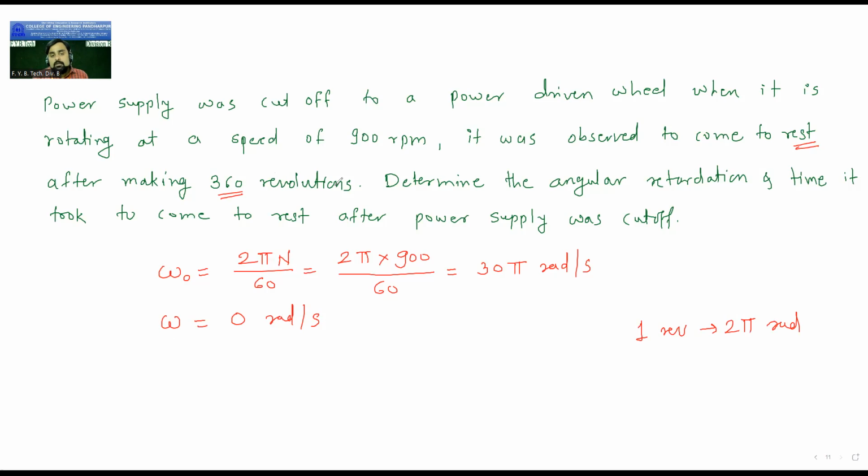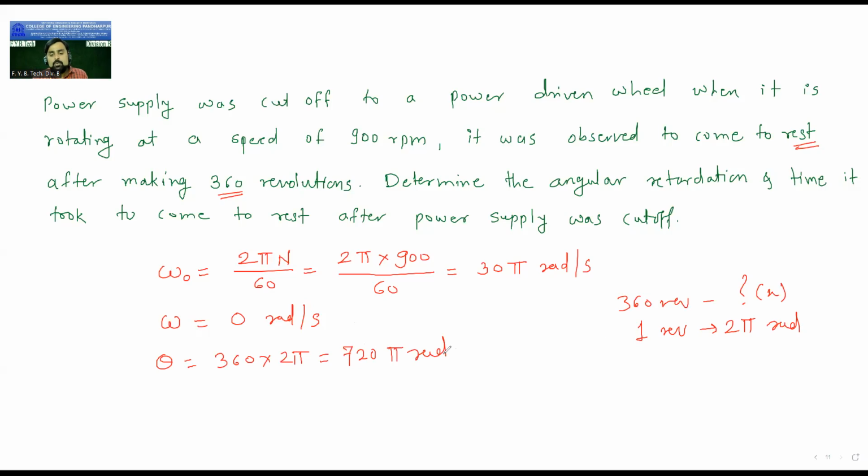So here 360 revolutions is given, so we have to convert it into radians. One revolution is equal to 2 pi radian. So for 360 revolutions, it will be 360 into 2 pi, which is 720 pi radian.